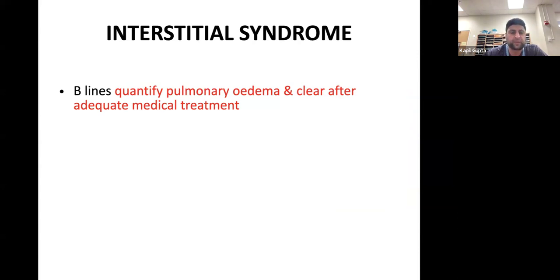The B lines disappeared. We can also use it in kidney transplant patients to give volume. So historically, whenever I have started a new kidney transplant program with a new surgeon in any hospital, I try to use it when I'm giving fluids, especially in some cardiac patients with low ejection fraction, to see if I'm exceeding the volume which is needed.